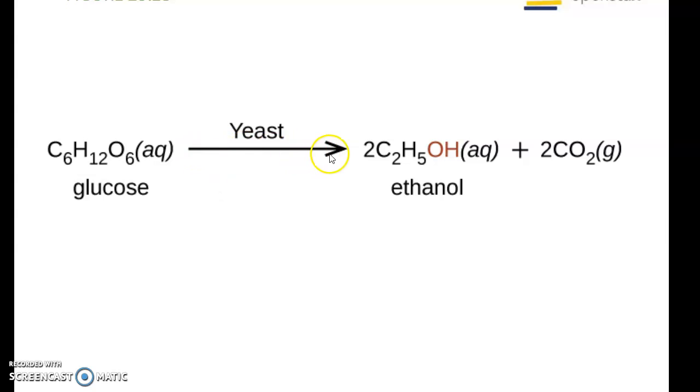And with the addition of certain types of yeast, it will ferment to give ethanol and carbon dioxide. And depending upon the yeast and the source of that material, you can get different concentrations of this ethanol. And then you can further refine it by distillation to get a very high concentration. But all the time when you are doing this, you are taking glucose with the yeast to create an alcohol.